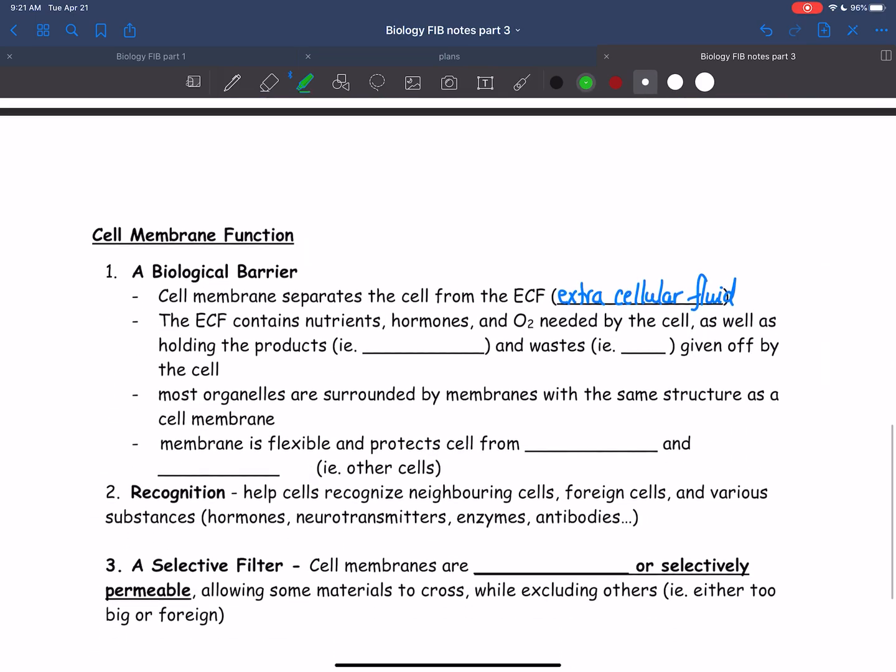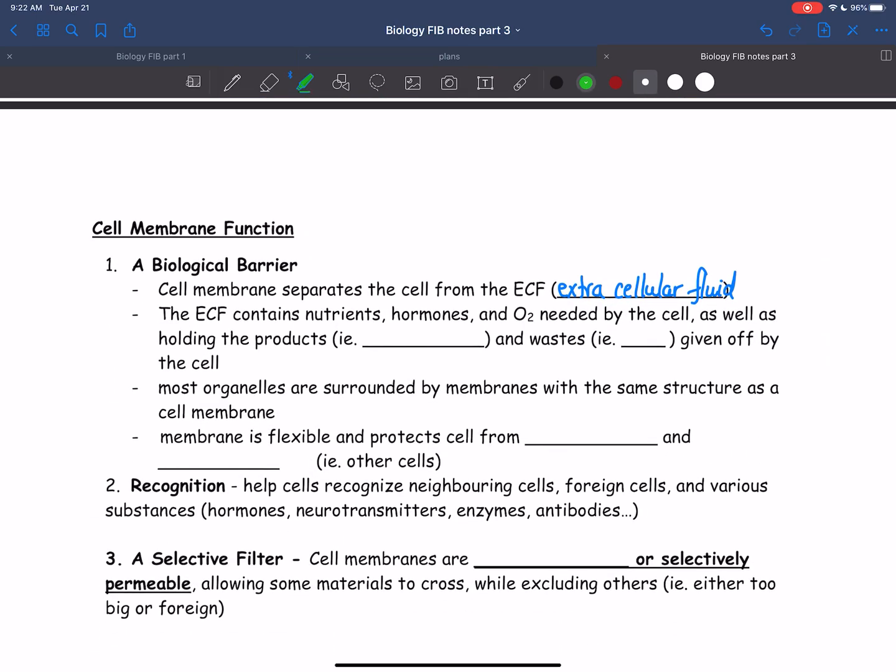Okay. So we have to separate the inside of the cell from the outside, but also the extracellular fluid contains things like nutrients and hormones and oxygen, all of the things that the cell will need to survive.